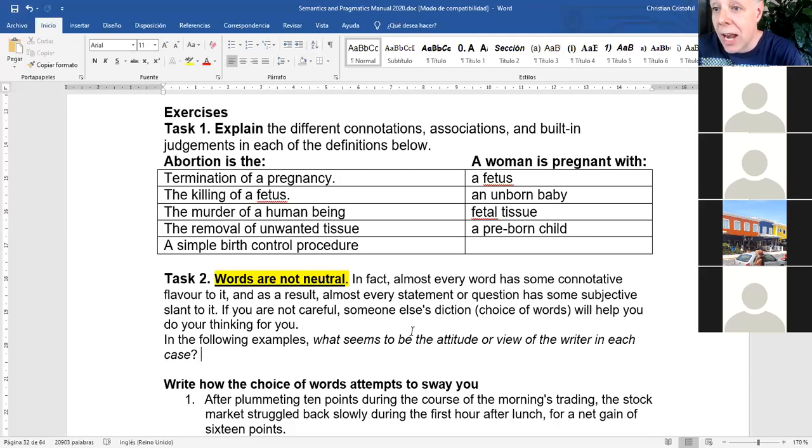We use emotive language all the time. And people who sell things, like advertisers, know that too. That's why they say, "llame ya," because people on the other side of the screen have emotions and they say, I want that, I need that, when they don't need it.